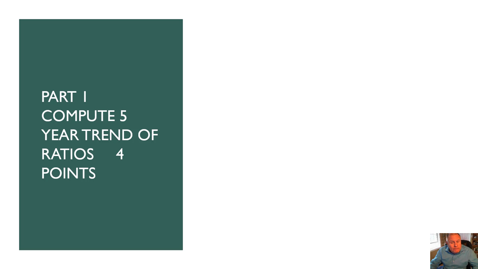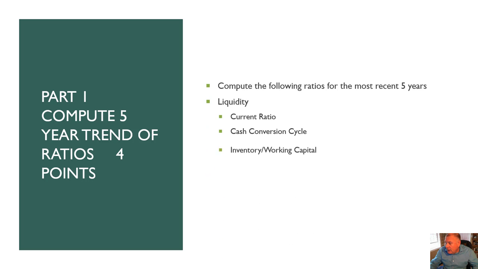Part 1 is worth 4 points, and what I'd like you to do is compute the following ratios for your company for the most recent 5 years, and we're going to focus on liquidity. As I have said, cash flow is the lifeblood of the organization.